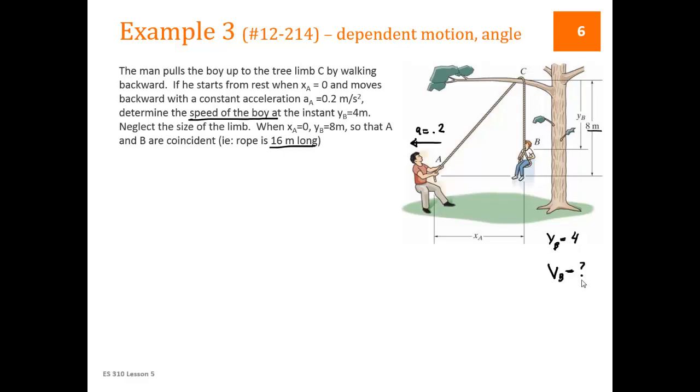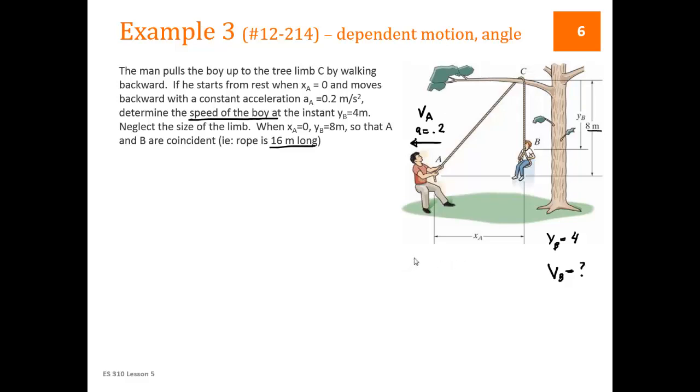So chances are we're going to need to relate VB to VA, because that's what we do, we relate the velocities of the two items on our list. So we need to find VA as well. How do we find VA? Think back several lessons. We've got a constant acceleration, so we can use one of our constant acceleration equations.